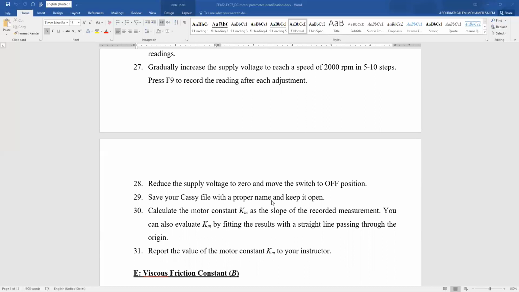Save your CASI and calculate Km as the slope of the recorded measurement. So after making the test, we will have a curve between E and omega m. The slope of this curve will be the machine constant Km.